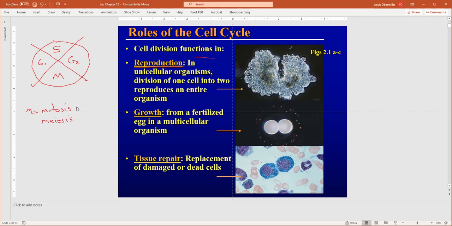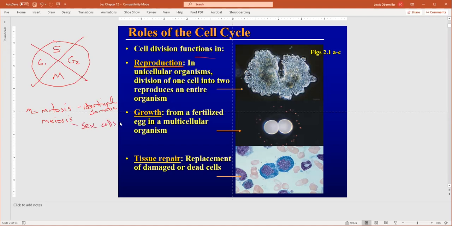The goal of mitosis is to make identical cells, and we call these somatic cells, which are all the cells in your body except your sex cells. So we mean like sperm and egg. And then meiosis, its job is to make sex cells.